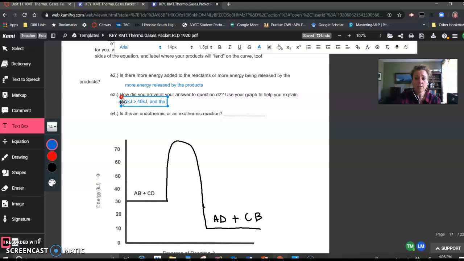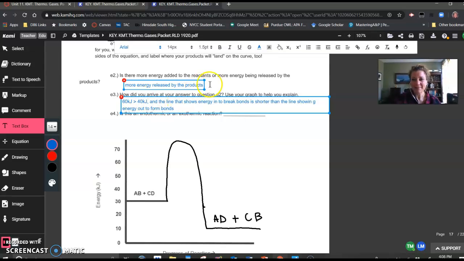And the line that shows energy in to break bonds is shorter than the line showing energy out to form bonds. Sorry, I don't know why I feel nervous about typing right now, but I do.